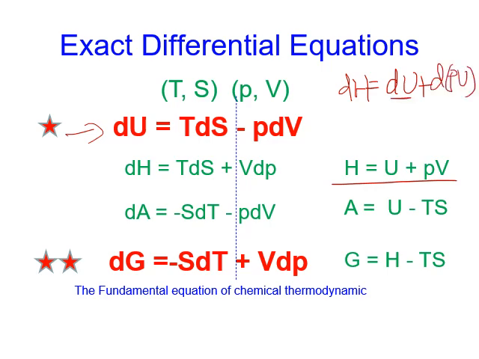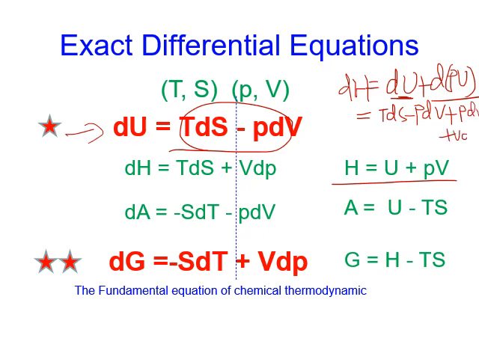Because dU equals TdS minus pdV, dH equals TdS minus pdV plus d(PV), which we can write as pdV plus Vdp. So negative pdV and positive pdV cancel each other. We get TdS plus Vdp, and that's the second differential.